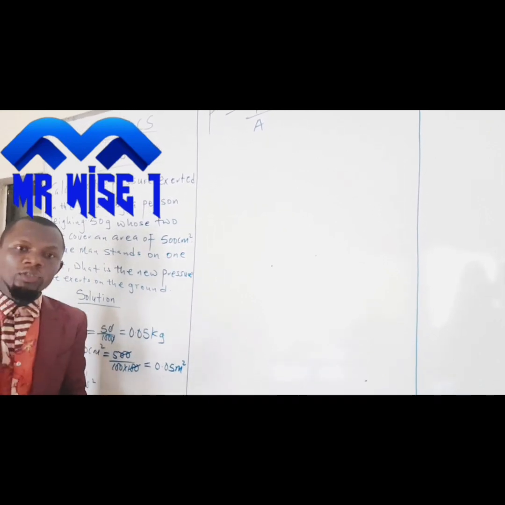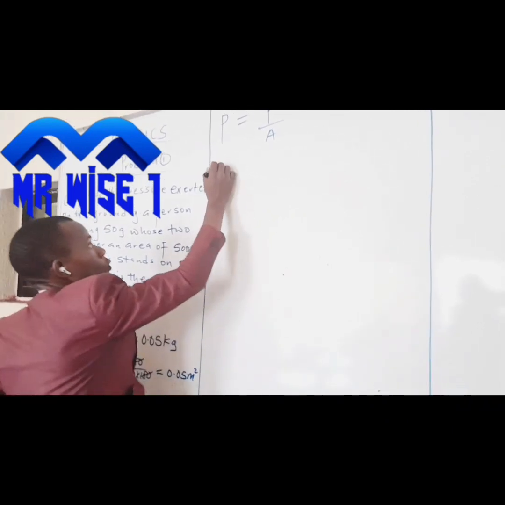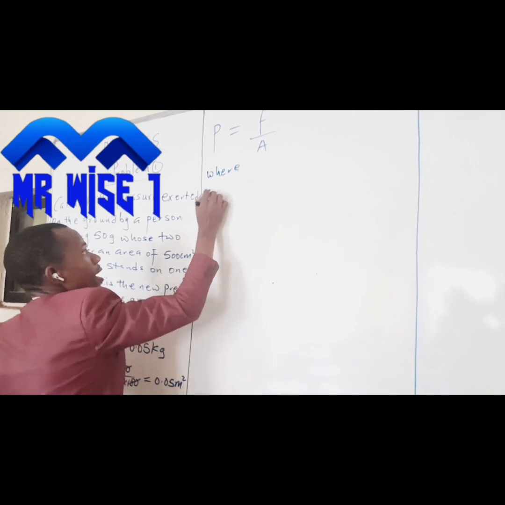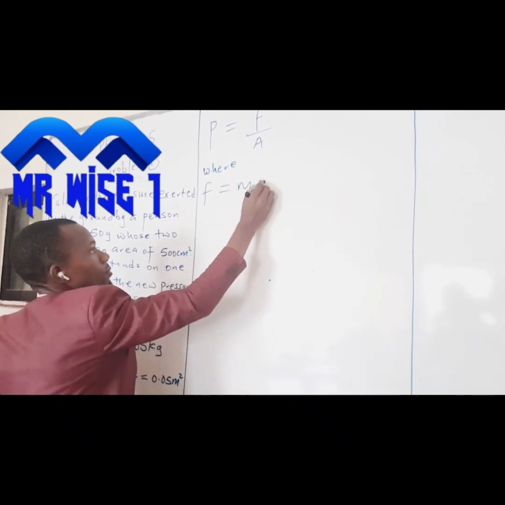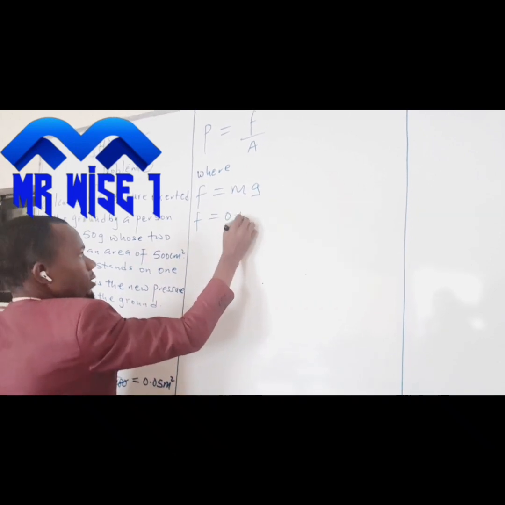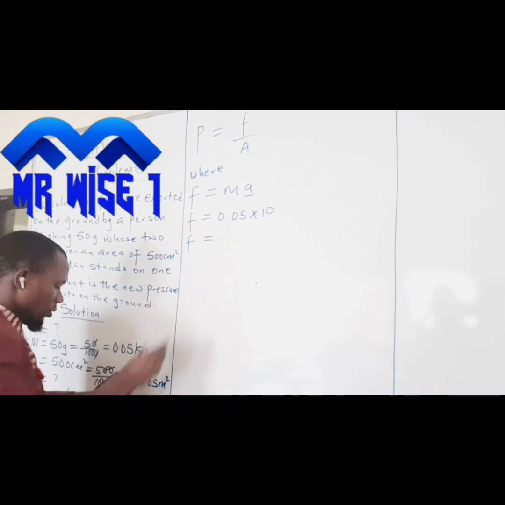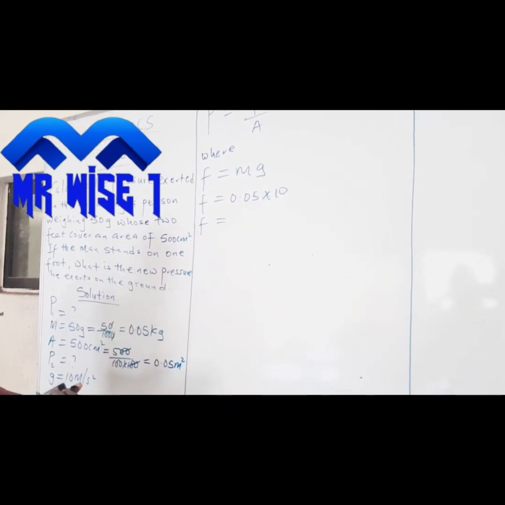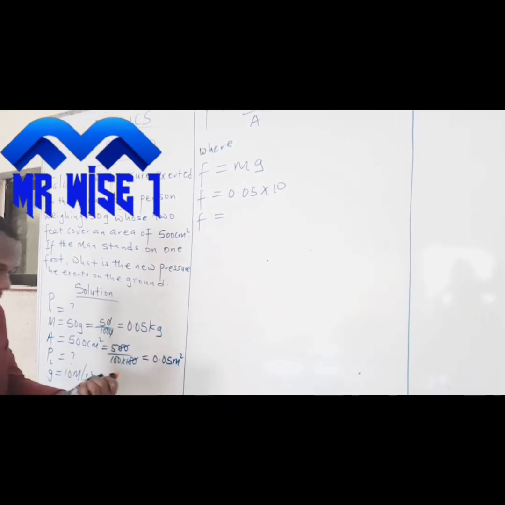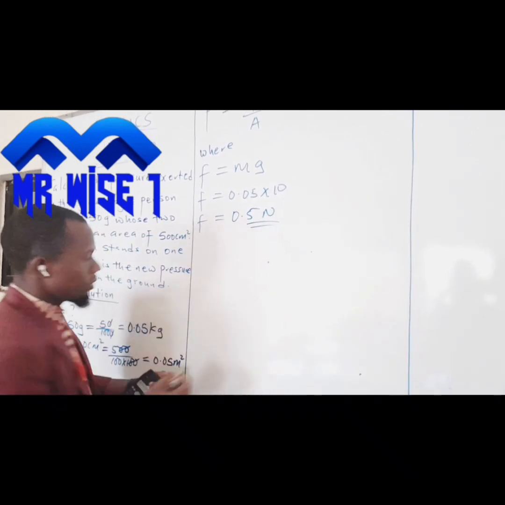The force that acts due to gravity, F, is equal to mg. So my F is equal to 0.05 times 10, which gives 0.5 Newton.